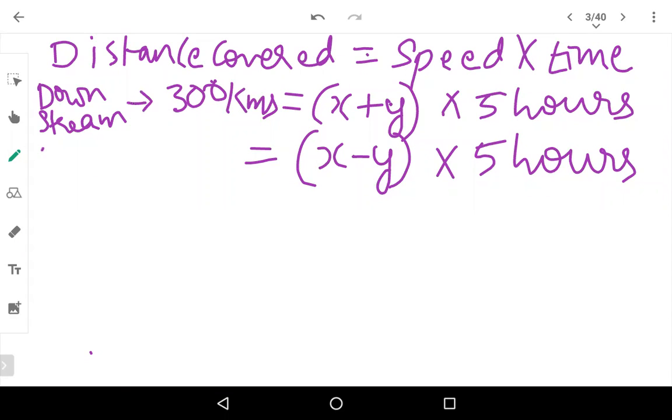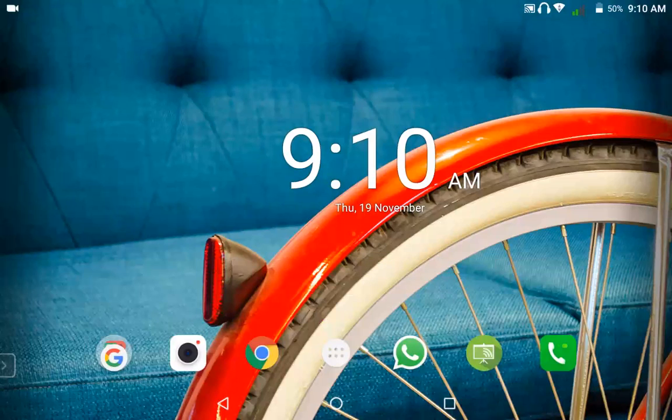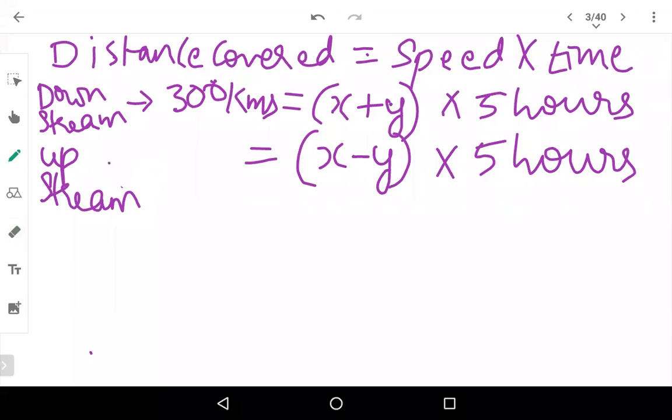When it comes to upstream, the kilometers covered was half of it, which is 150 kilometers. Okay, did you all understand how I got the equations? Any doubts still here?